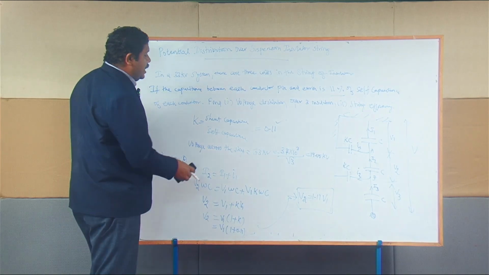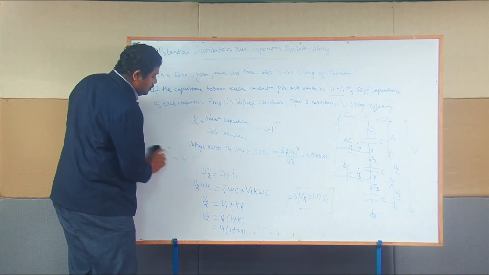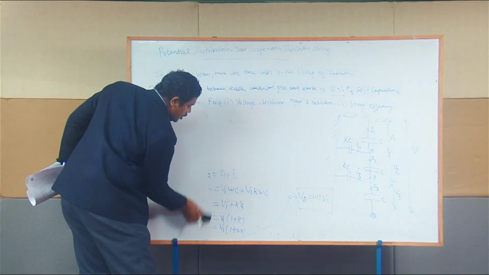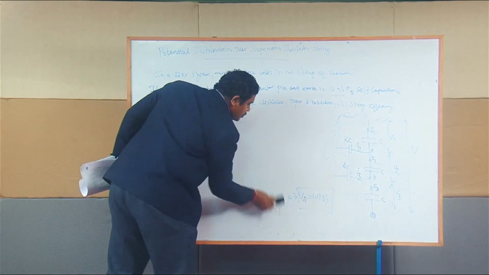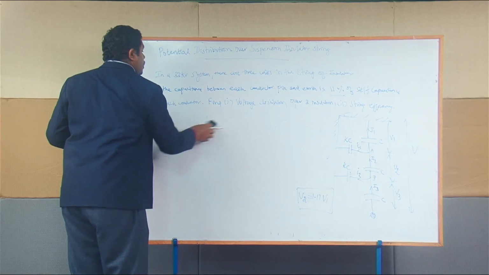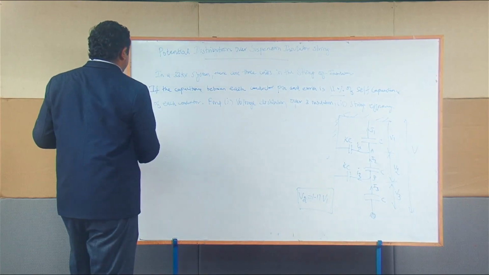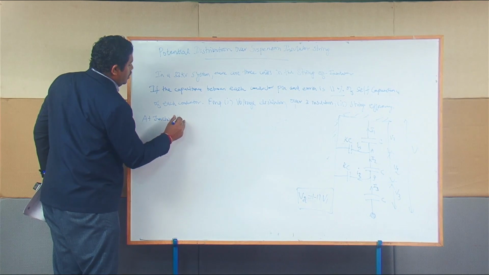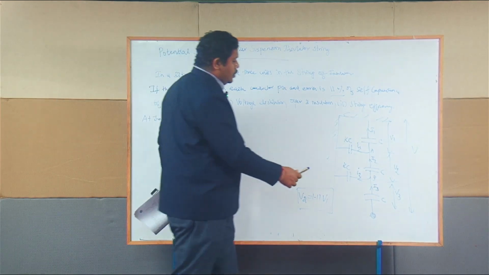Now we have to apply KCL at junction B. So at junction B, apply KCL. Junction B is here.